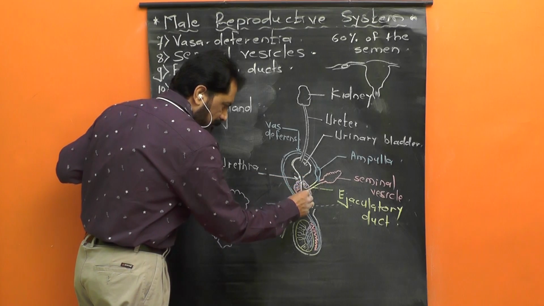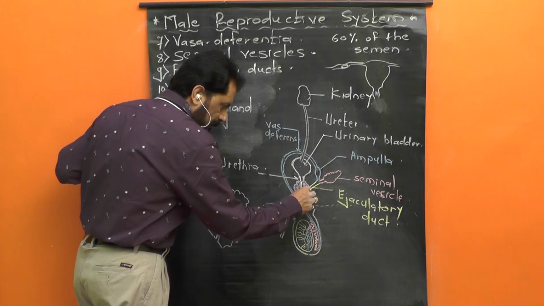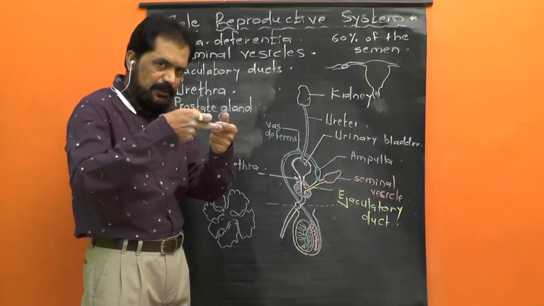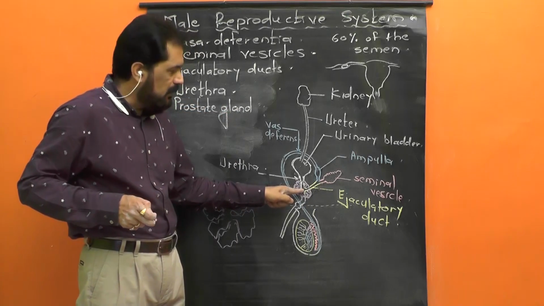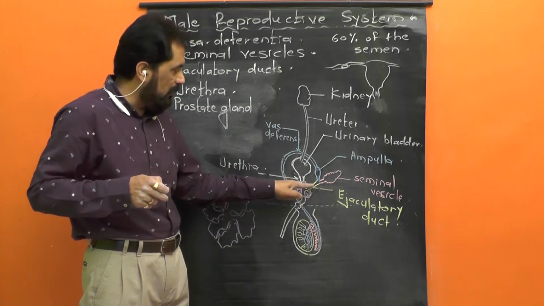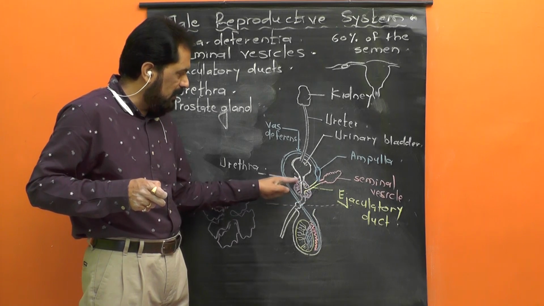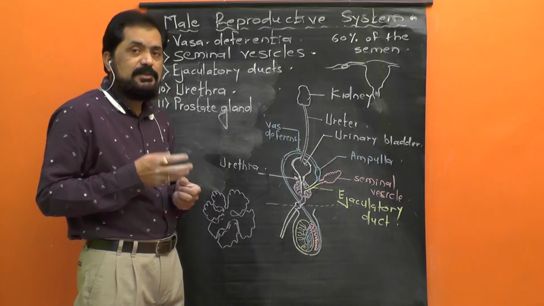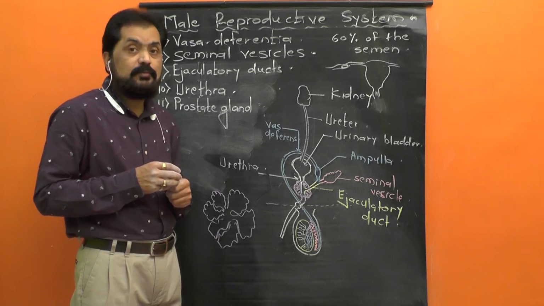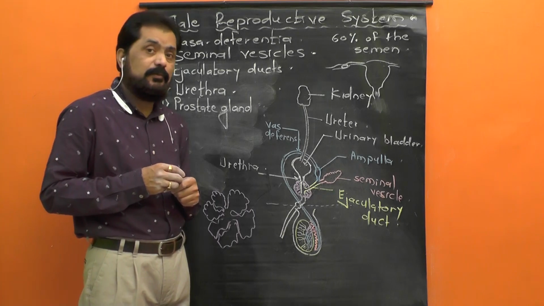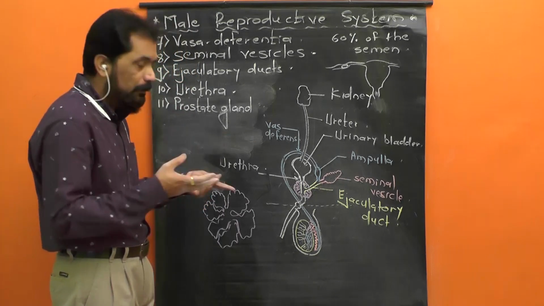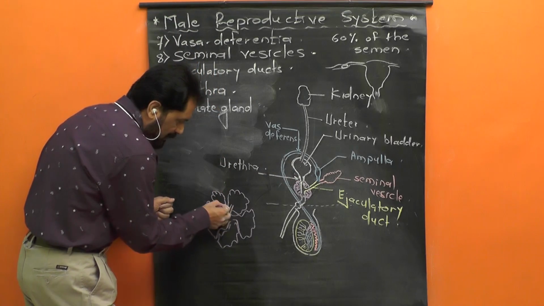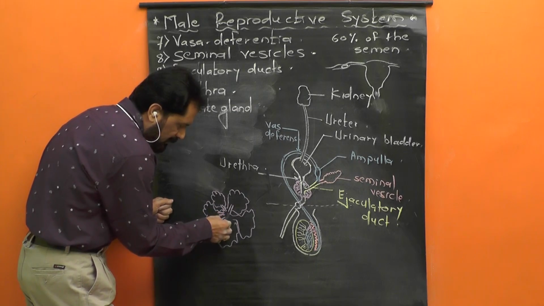I have shown with the help of white chalk. This is ejaculatory duct and both ejaculatory ducts open into the urethra. So at the junction of ejaculatory duct and urethra, there is a presence of prostate gland. The prostate gland, I said, is very large, having the weight of about 40 grams, and it opens into the urethra by means of many small ductules.